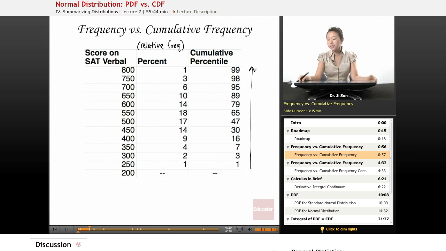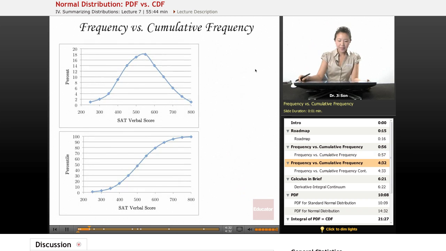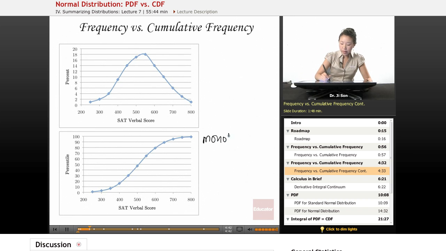All right, so that's cumulative frequency. And when you look at it on a visualization, now you can see what I mean by monotonic increase. So here we have an example of monotonic increase. This curve goes up and up and up because it's adding up everybody who's come before you. So you have to be at least the score before you or higher, right? And so every score is improving on the previous score.